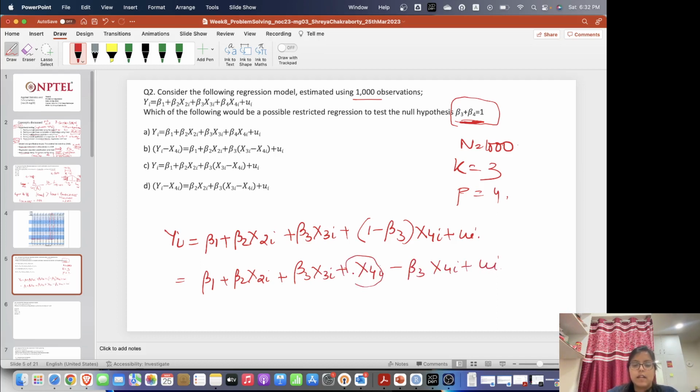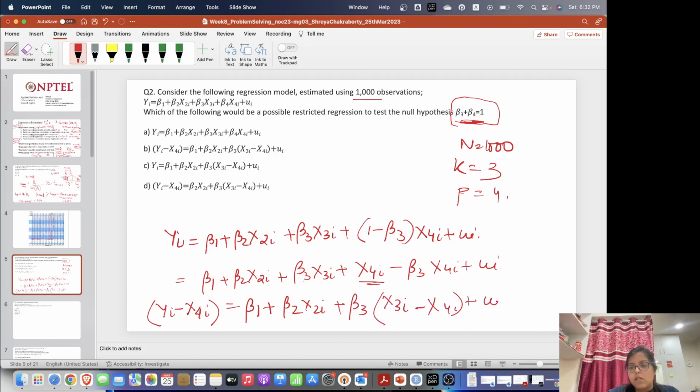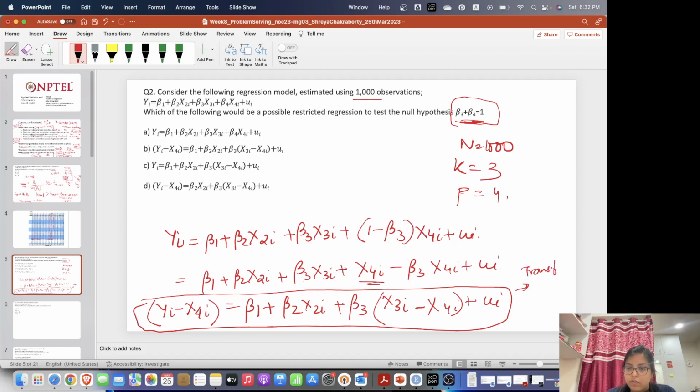So this thing we can take on the left hand side. So we would have yi minus x4i equals beta 1 plus beta 2 x2i, beta 3 will take common from here, x3i minus x4i plus ui. This then becomes my transformed regression equation.